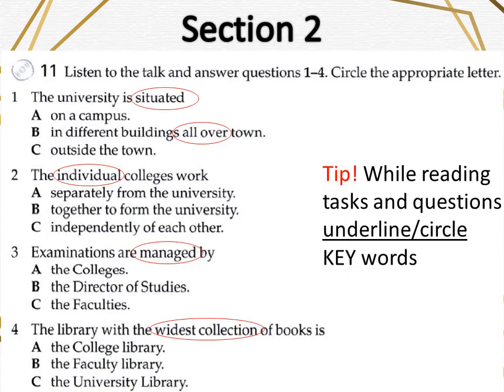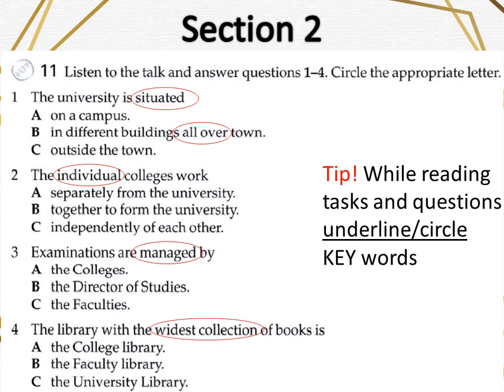Now we'll begin to practice using synonyms in actual tasks. As you see here, it's section 2 and the type of question is multiple choice. So when it says now you have 1 minute to read the questions, try to read the task and the questions only. And only after that, if you have time and if you're a fast reader, read the options.